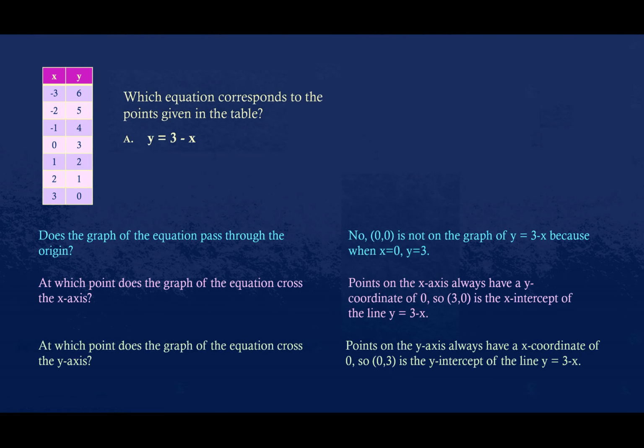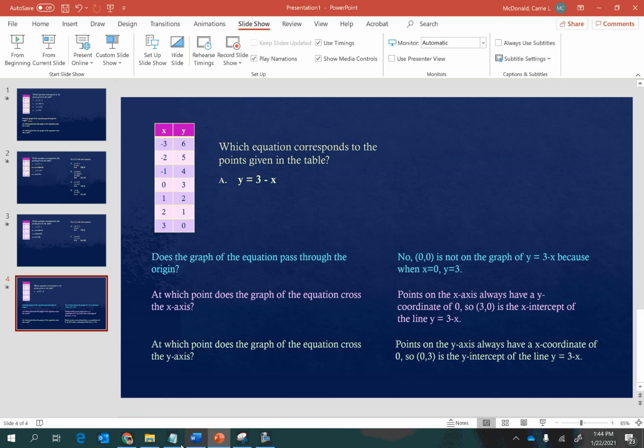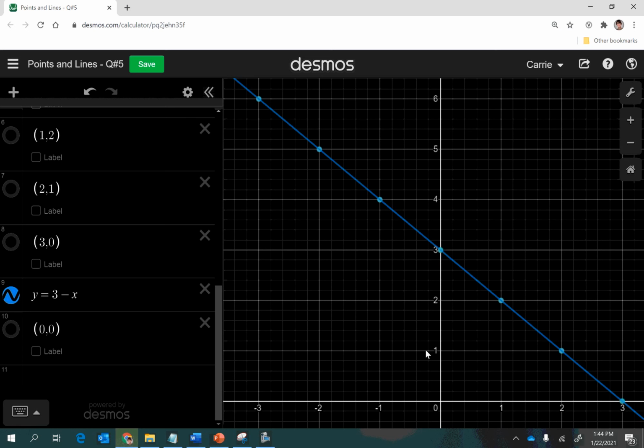Now let's take a look back at the graph and just confirm that we observed the line intersecting the y-axis. In other words, the y-axis is intercepting the line, which is why we call this the y-intercept at this point, (0, 3).